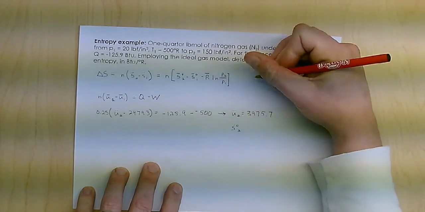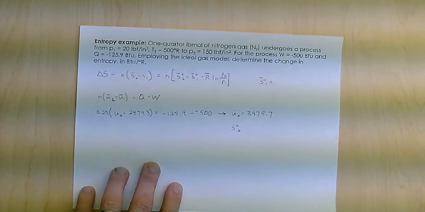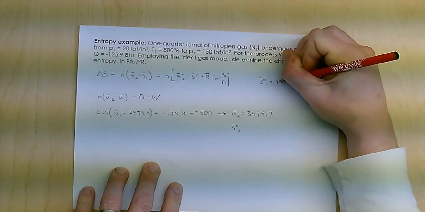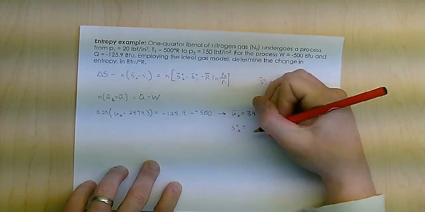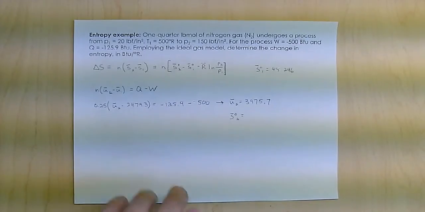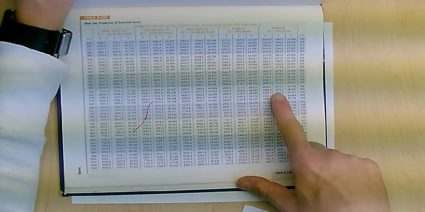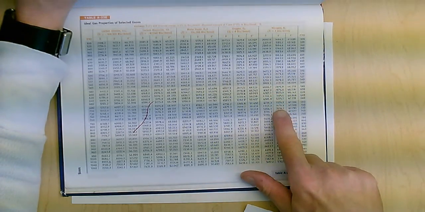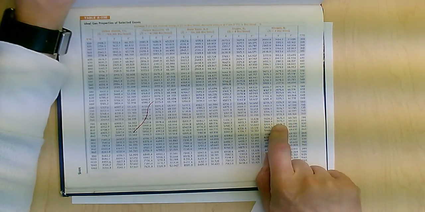Let me jot down S bar 1, which again was 45.246. Now I know this energy, and from this energy I'm going to look up that entropy. So 3975.7. I scroll down, 3975.7, and there it is exactly.